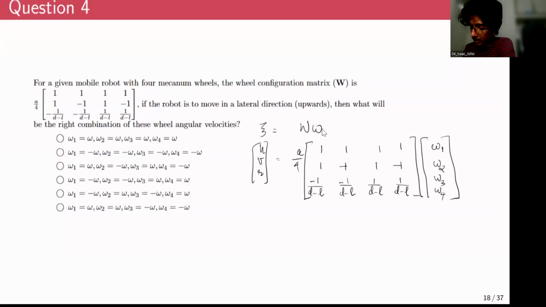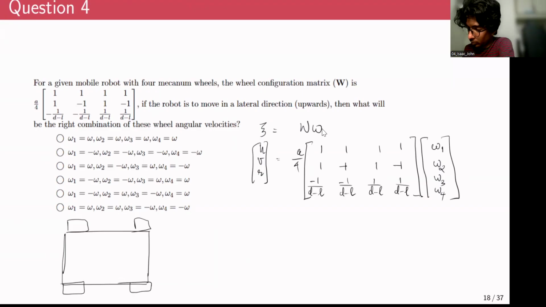So what does that mean? If you consider this to be the robot chassis with 4 mechanum wheels, we have seen that the first wheel has passive rollers in this direction. The second wheel has passive rollers like so. The third wheel has passive rollers similar to the first wheel, and the fourth wheel also has passive rollers similar to the first wheel.